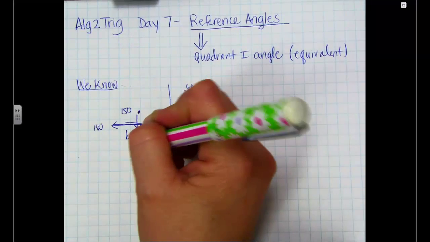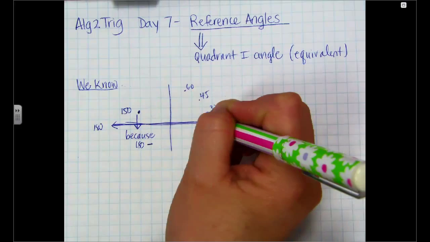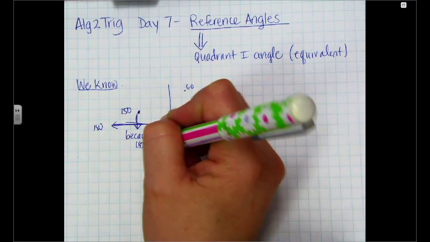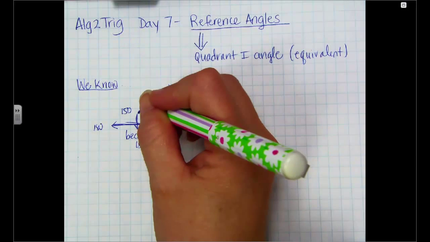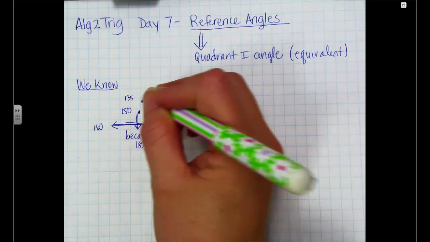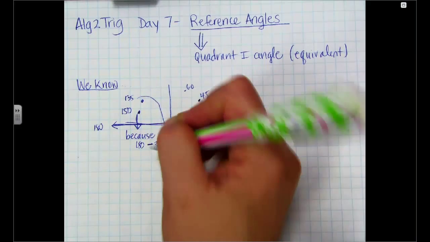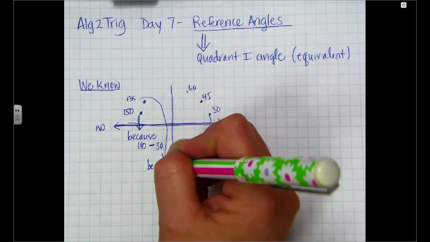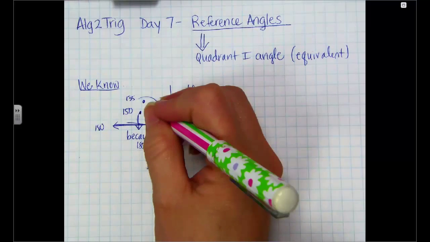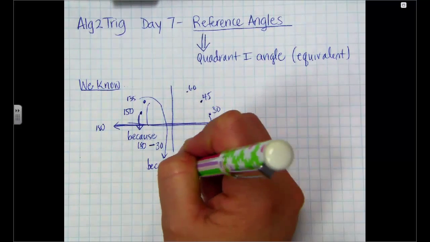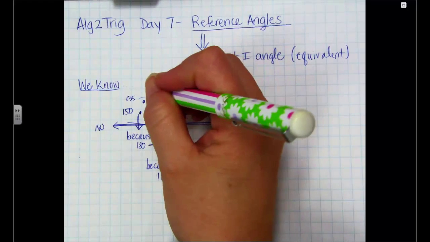It's because we didn't make it to 180. We had to subtract that 30 degrees, so we did 180 minus 30 to get 150. That x-axis, that 180, 360 line, is key to really everything we do. Same with 45: 180 minus 45 gave me 135. And same for 60: 180 minus 60 gave me its child, 120.